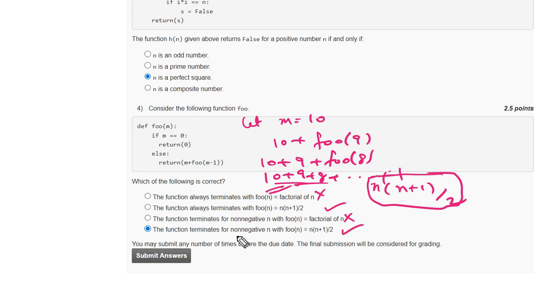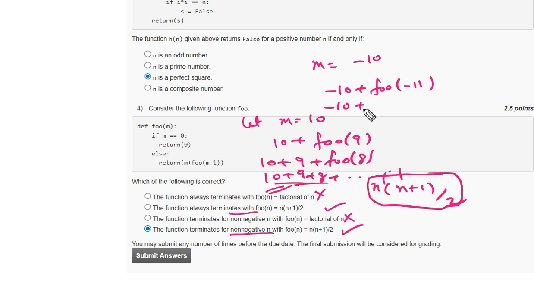So among these two, what is the difference? Here it says non-negative, we need to consider non-negative n. Here it says that you can take any n. So we have taken a positive value, but now let us see by taking a negative value. Assume m is equal to minus 10. Then it returns what? It returns minus 10 plus foo of m minus 1, minus 10 minus 1, which is minus 11.